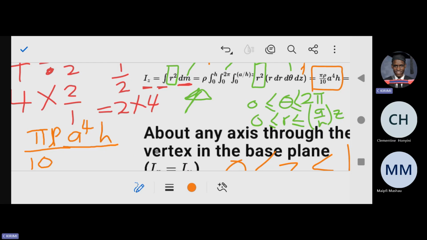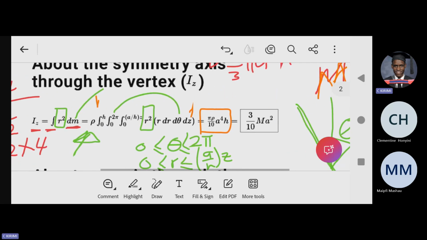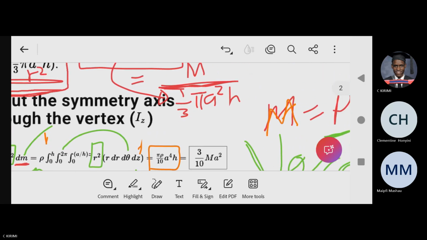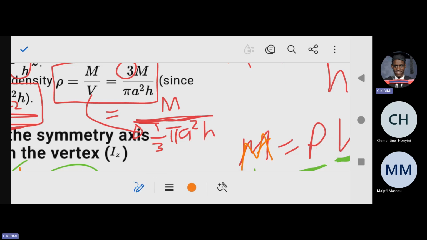But what do we know about rho p? We know rho p is m, that is 3m over pi a squared h. So that is the one you are replacing there for rho p.